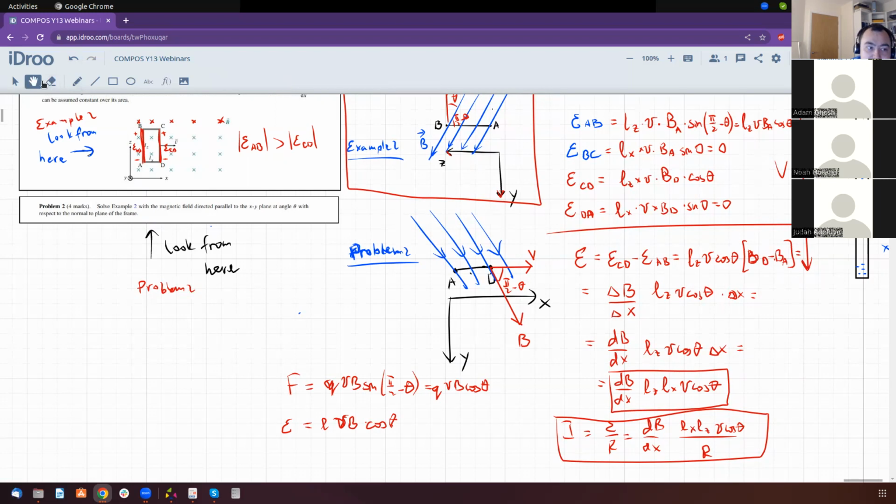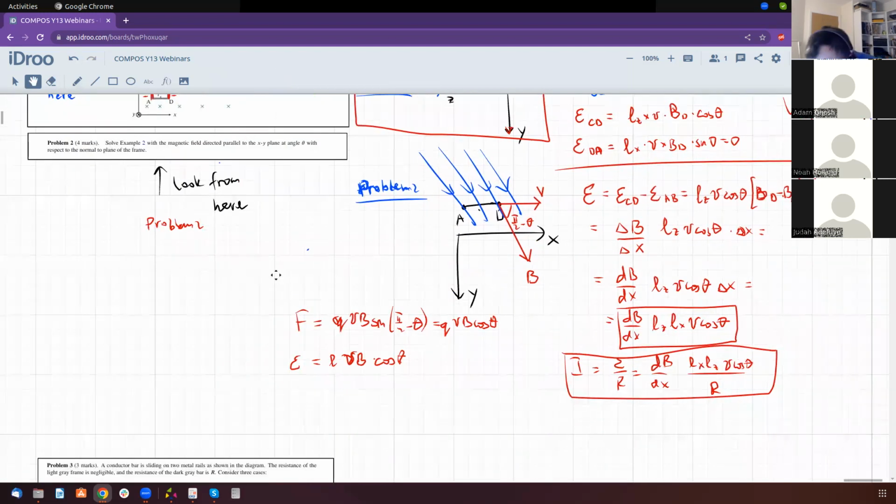So, problem 2, all we need to do is just show the equivalence between problem 2 and example 2. Okay, so EMF in this case, you know what, I'll do a different approach for problem 2.